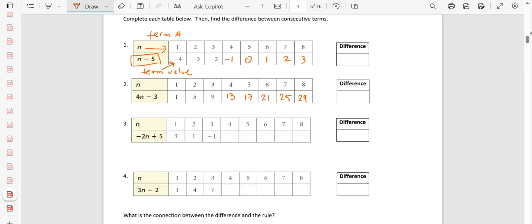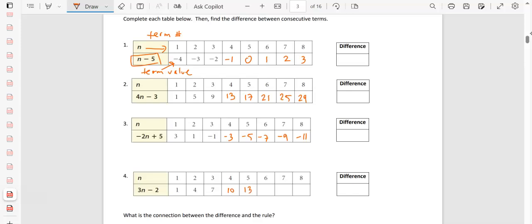In the next one, when n is 4, negative 8 plus 5 is negative 3, then negative 5, negative 7, negative 9, negative 11. Here, when n is 4, 3 times 4 is 12, and 12 minus 2 is 10.